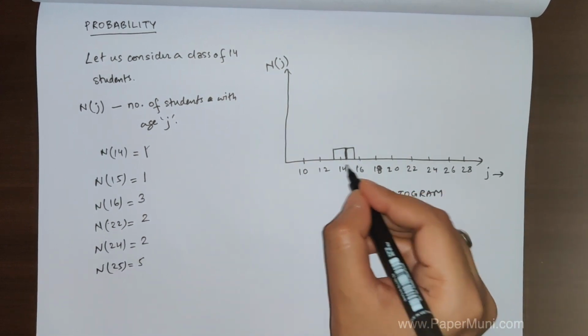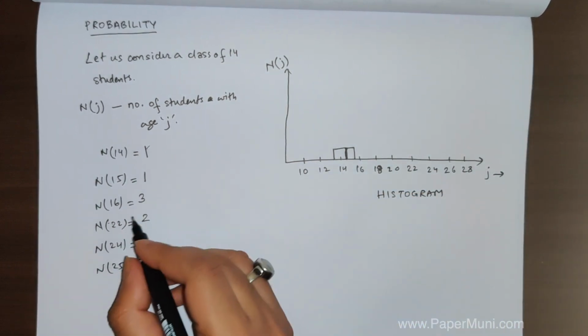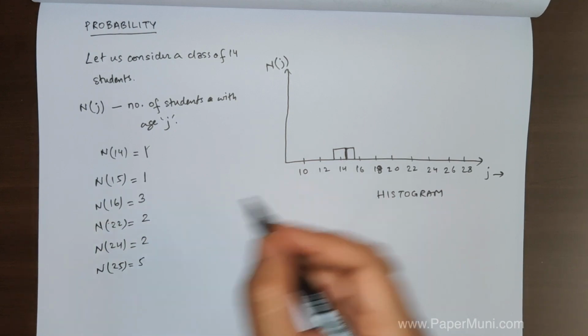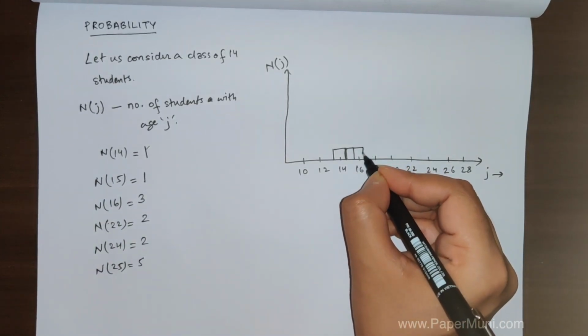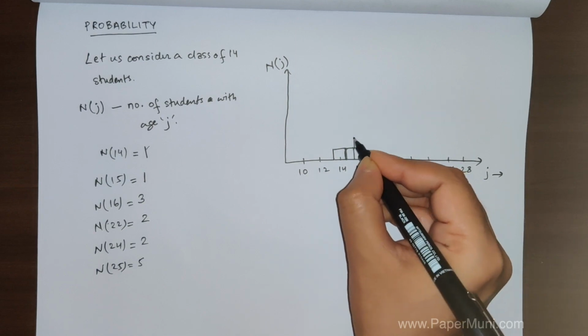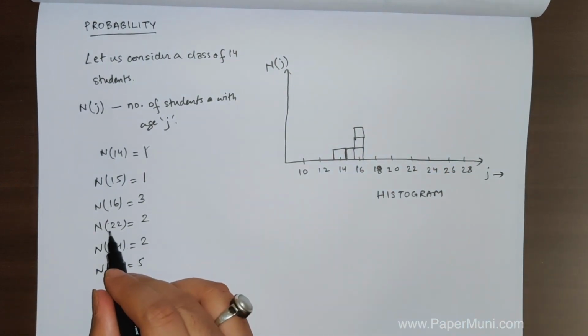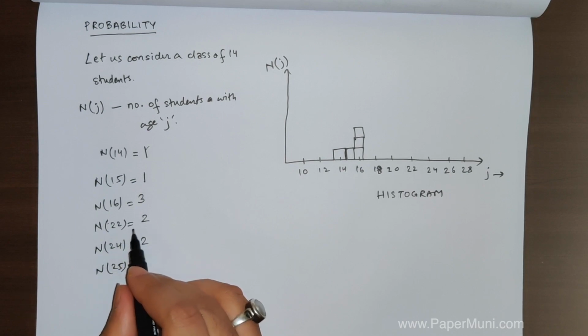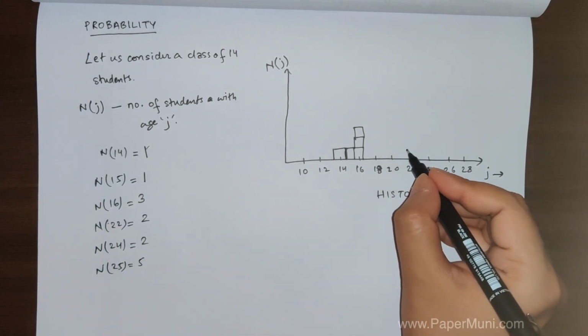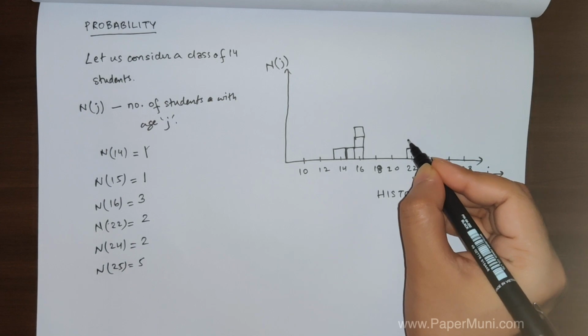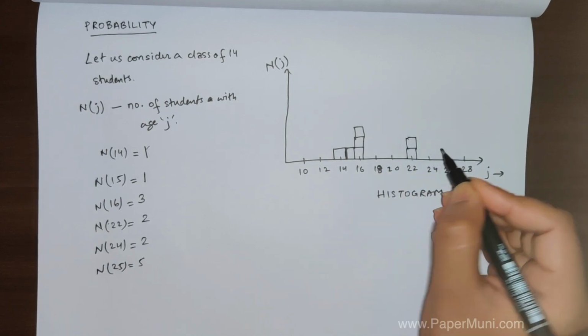The number of students with age 16 is 3, so one box for each student, 1, 2 and 3. For age 22, we draw 2 boxes, one for each student.